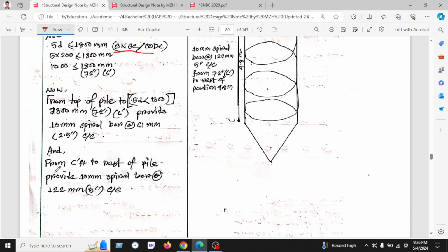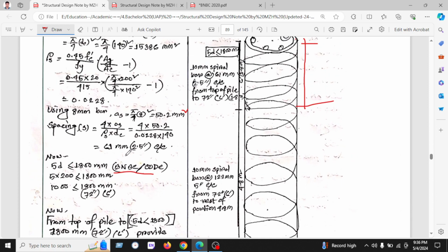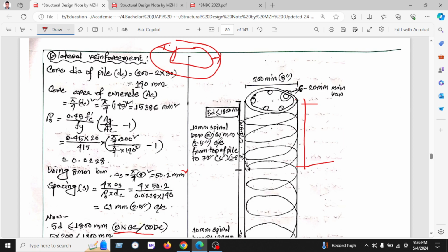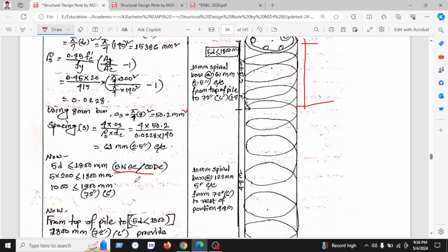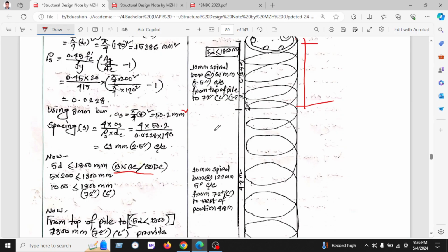This 6 feet we have calculated, and we found 2 inches or 61 millimeter center to center. This is the 61. We can call it pitch. We can see in the picture the pitch: the center from this portion to this portion is called pitch.